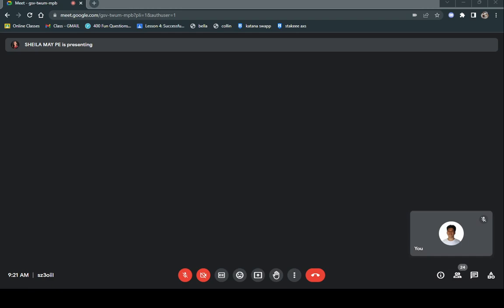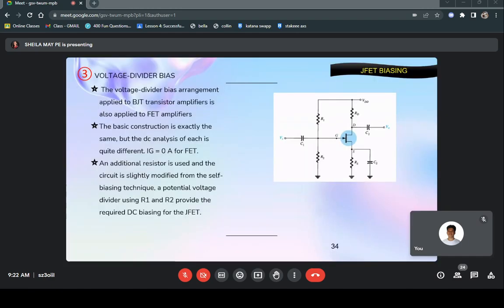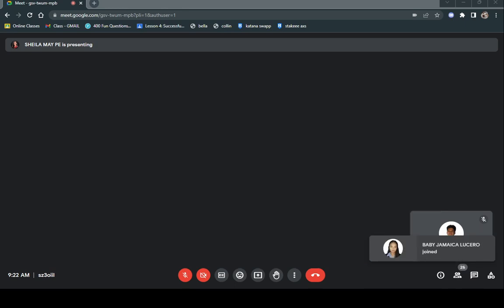So the topic today is the continuation of the JFET DC biasing. This is the last one for the type of biasing sa JFET, so voltage divider bias. This arrangement that was applied to the BJT transistor amplifiers is also applicable to our FET amplifiers.